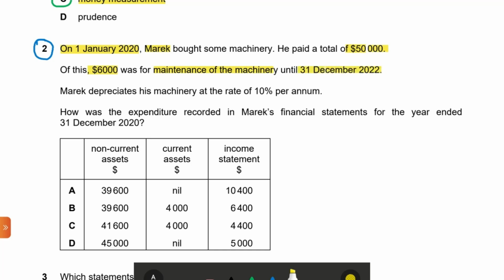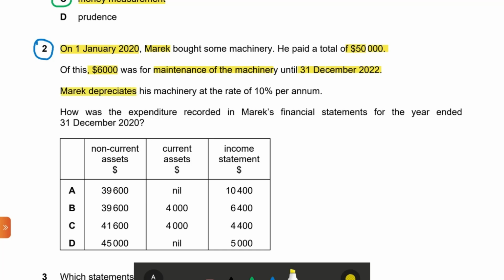It means Marik purchased machinery and paid a total of $50,000, but the $50,000 is not fully the cost of machinery. It includes $6,000 for maintenance of the machinery till 2022, meaning 3 years of maintenance cost.